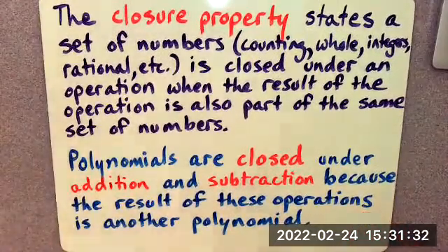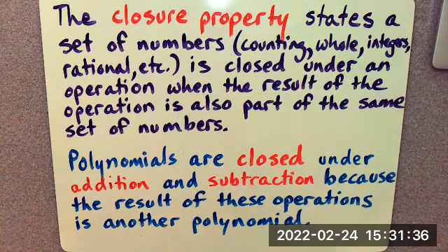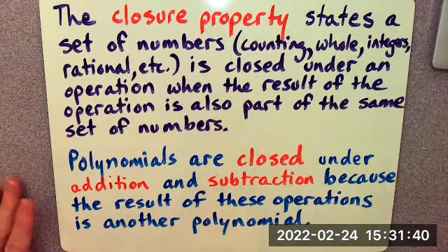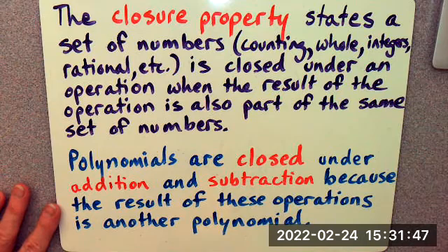So let's take a look at a little definition here. So the closure property of mathematics states that a set of numbers, counting, whole, integers, rational, etc., is closed under an operation when the result of the operation is also part of the same set of numbers.